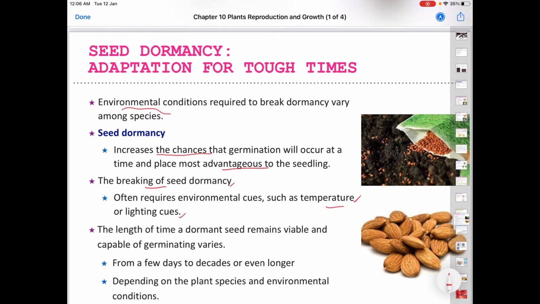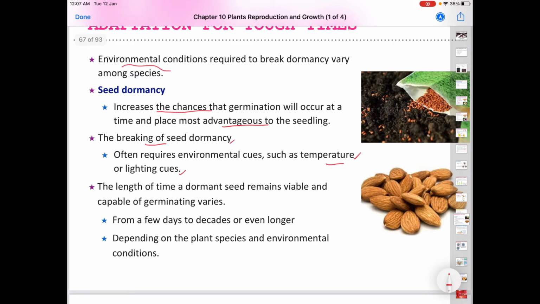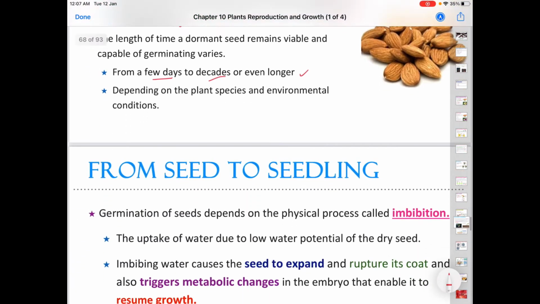The length of time a dormant seed remains viable and capable of germinating varies, from a few days to decades or even longer. So this depends on the seed itself, on the plant species and the environmental condition.